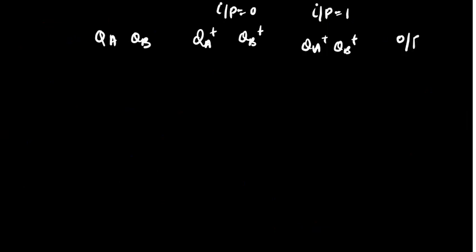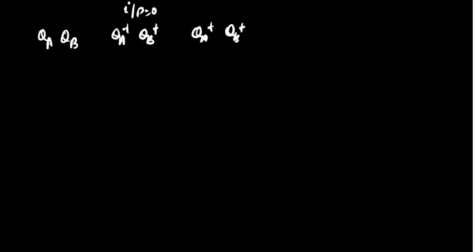The output. I have to write it a bit small. So this is QA QB, QA plus QB plus, given input is 0, input is 1, and output. So DA and DB.